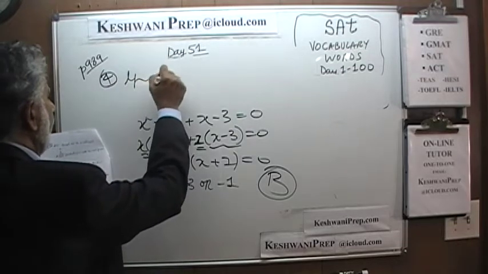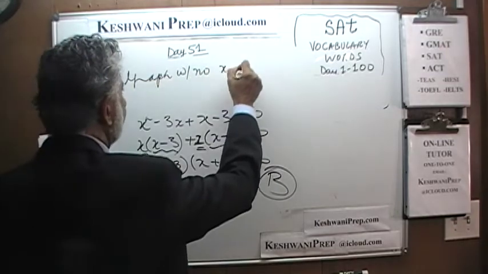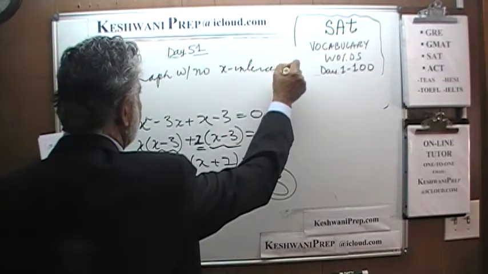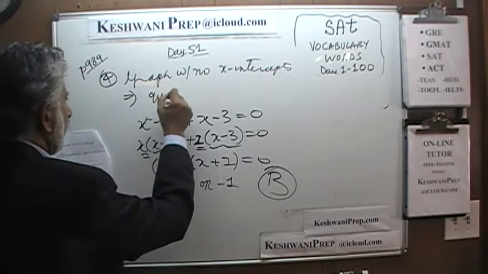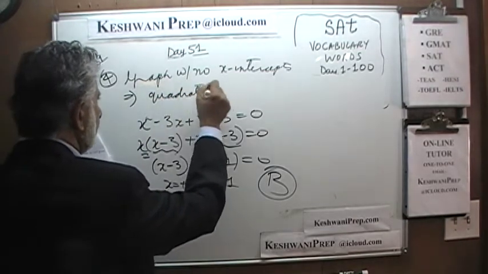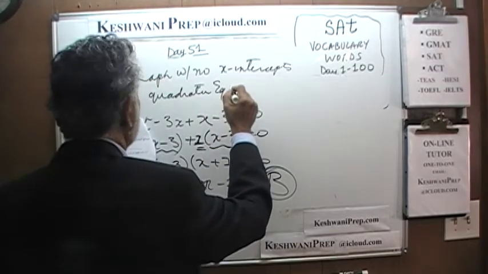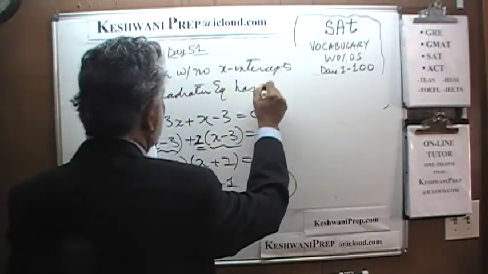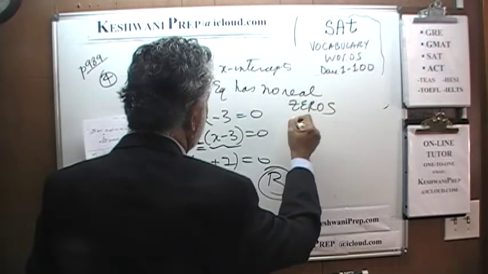Graph with no x-intercept. Now that implies that the quadratic equation has no real zeros. It has no solutions.